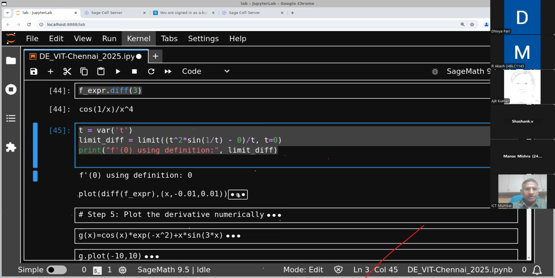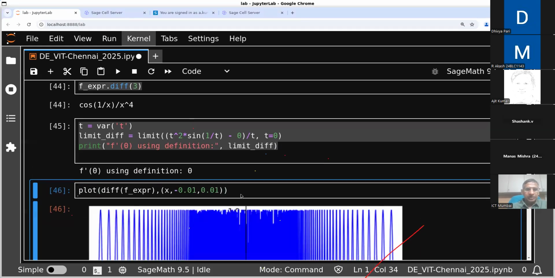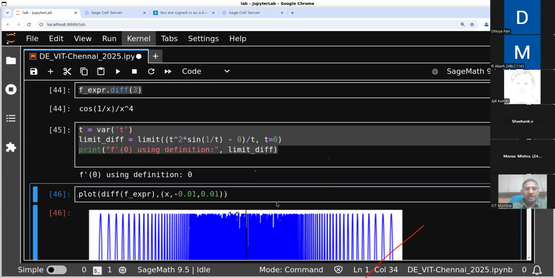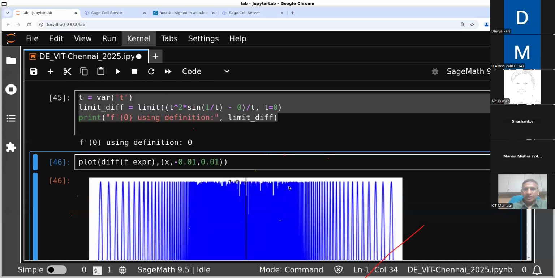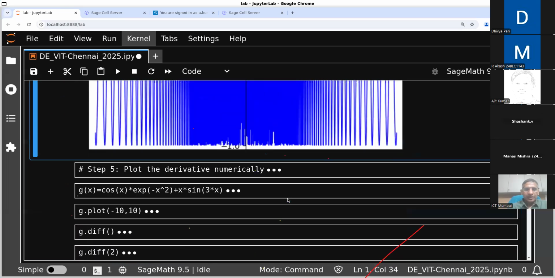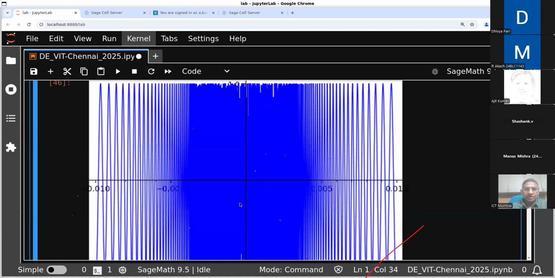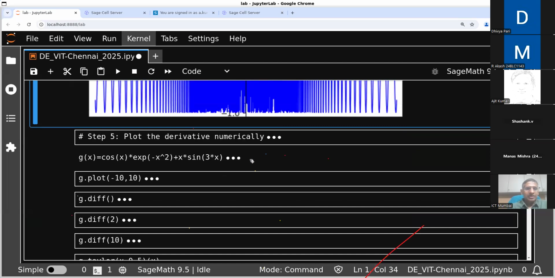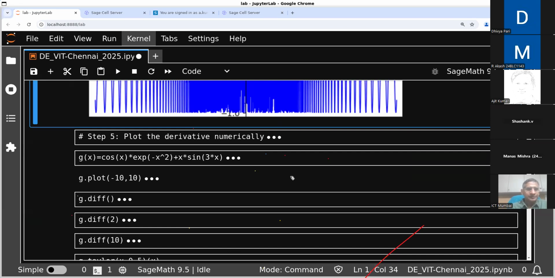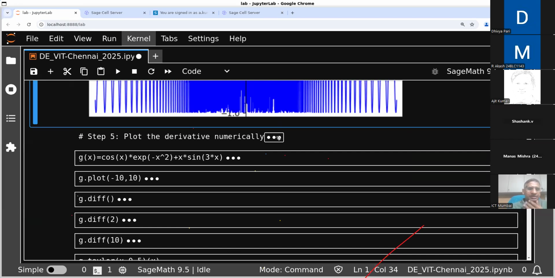You can very easily plot the derivative, right? Now you can see here what is happening with the derivative. It is varying very fast near the origin. So whether it is going to be differentiable, continuous, etc., all these things you can find.